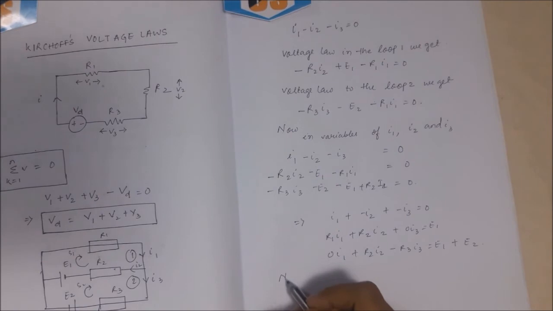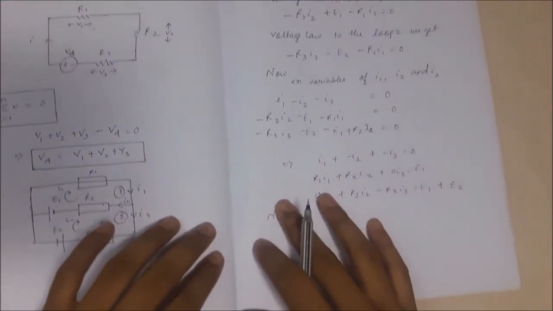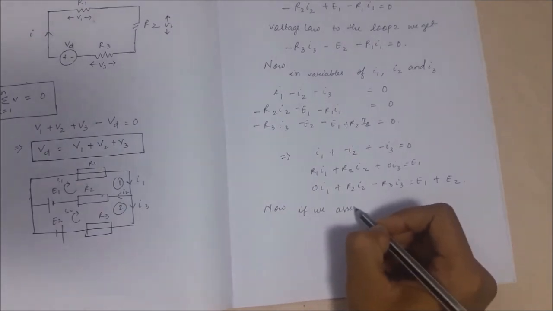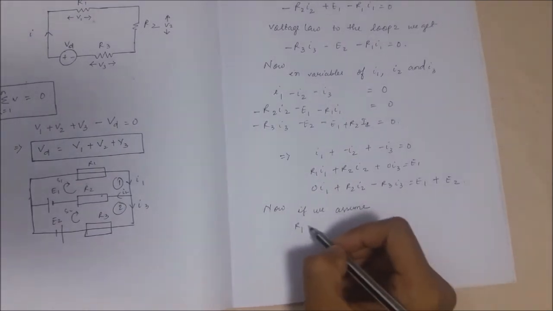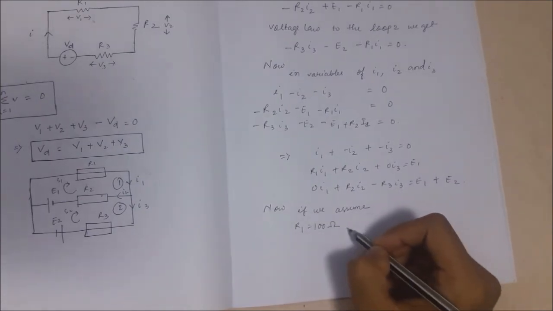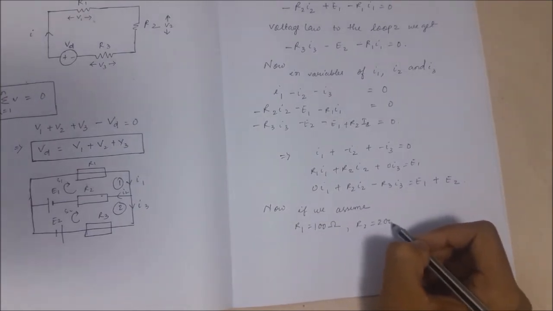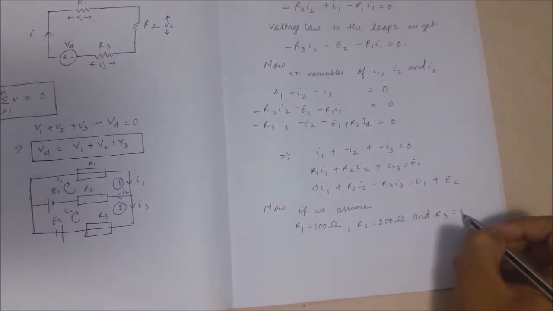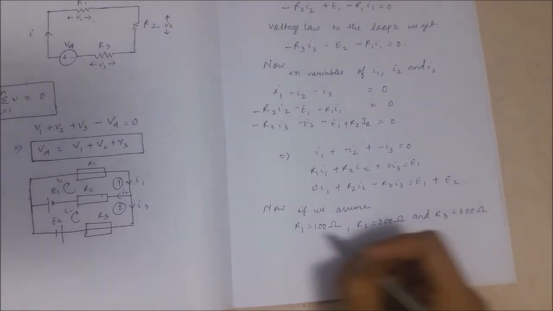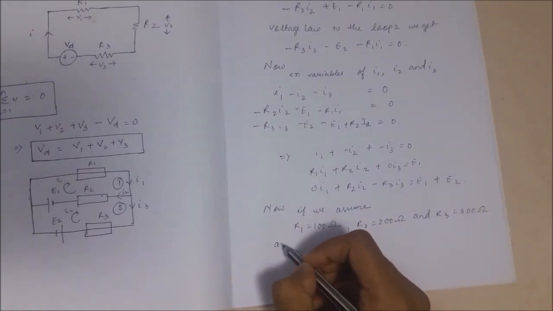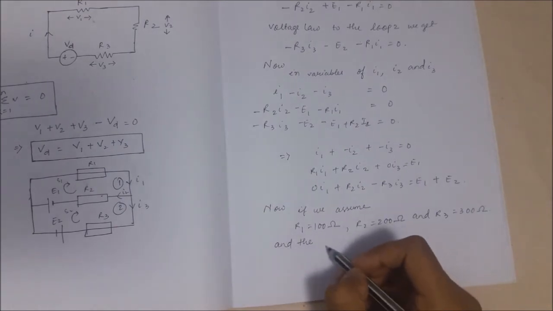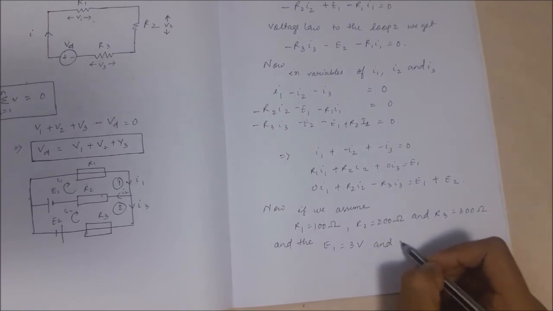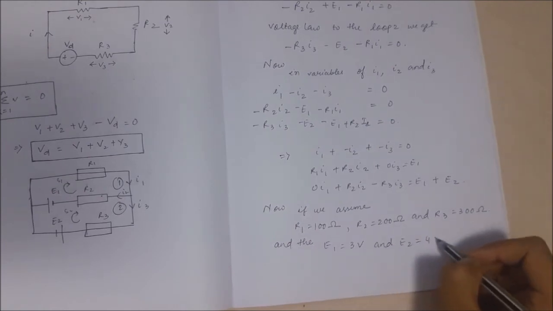Now if we assume R1 equals 100 ohms, R2 equals 200 ohms and R3 equals 300 ohms, and the supplied potentials as E1 equals 3 volts and E2 equals 4 volts.